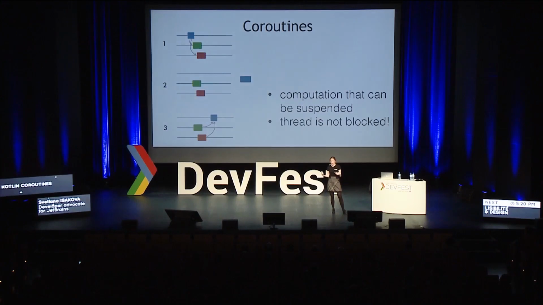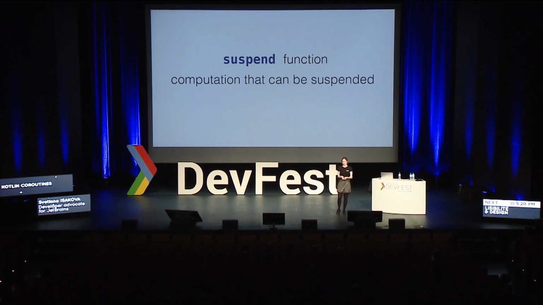However, here you can suspend a computation. And in this case, when you suspend this computation, your thread is not blocked. And this thread can be busy with something else. If it's the main thread, then it's a requirement to have it available for all the requests from the users.